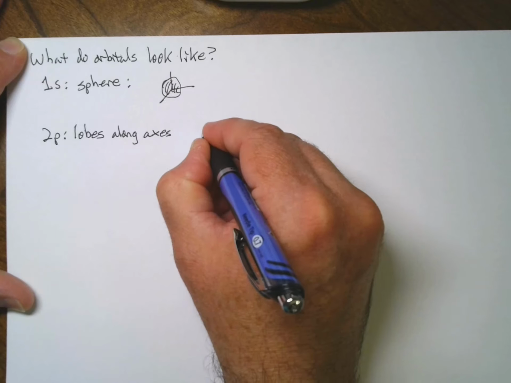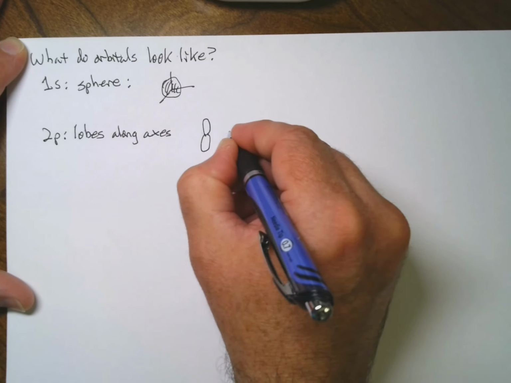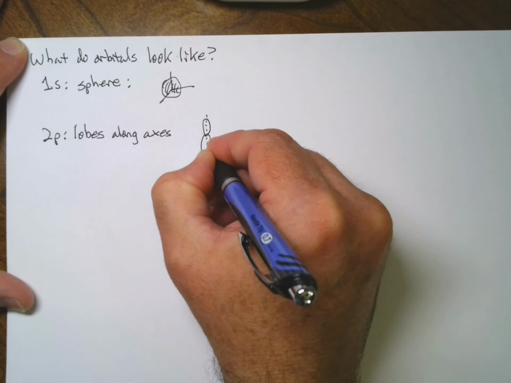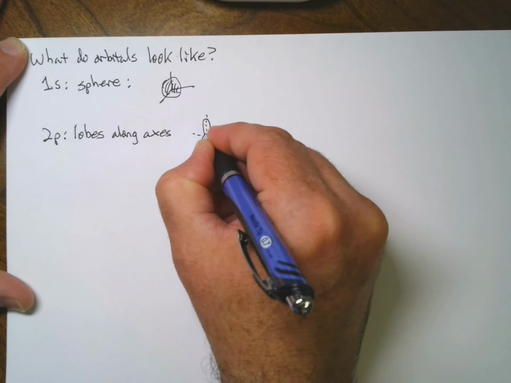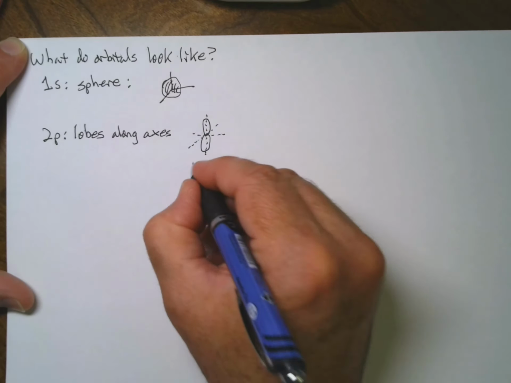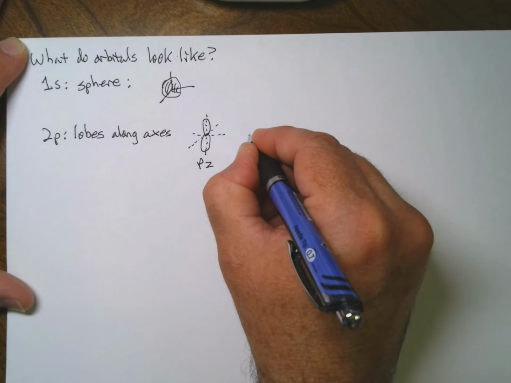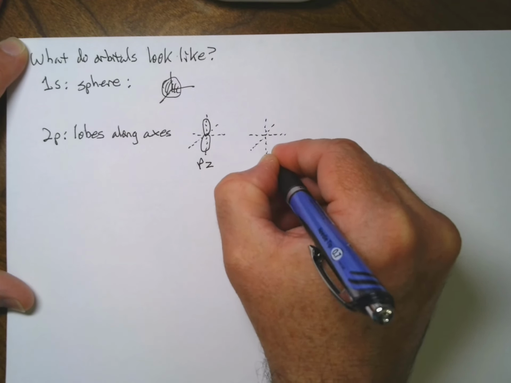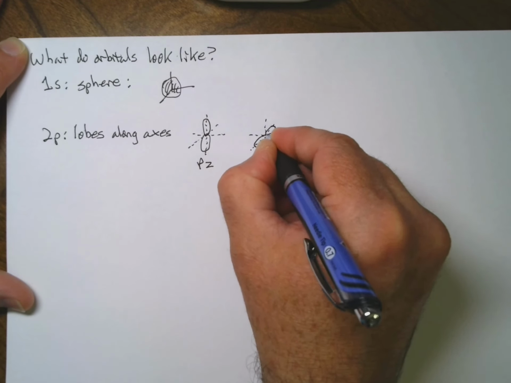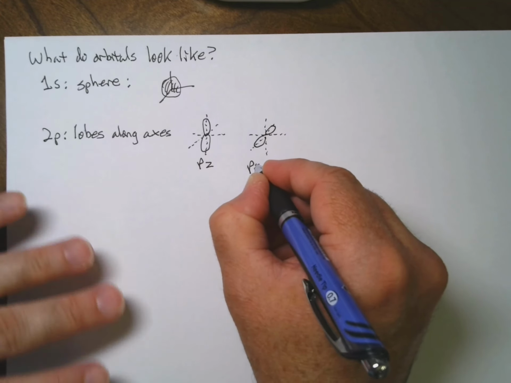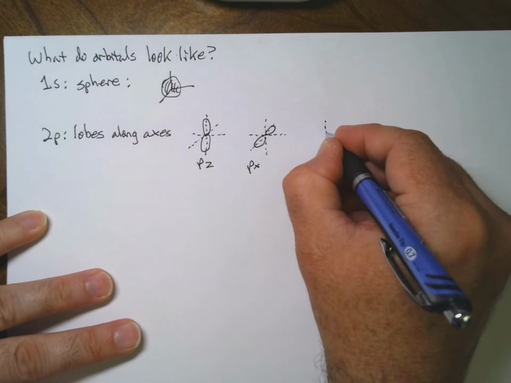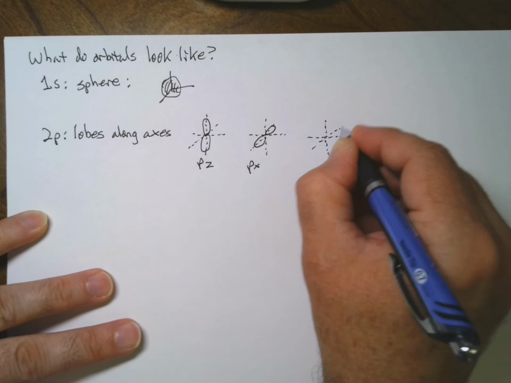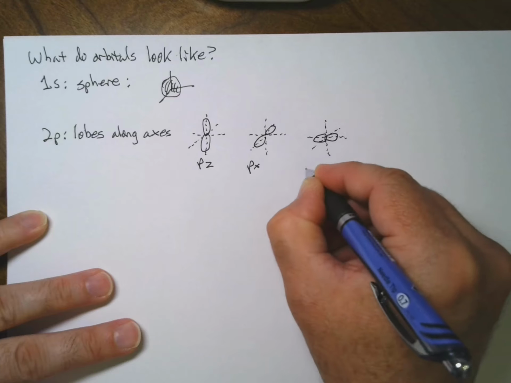So we would have a PZ, we have a PX, and these are just sort of arbitrary axes here. And a PY.